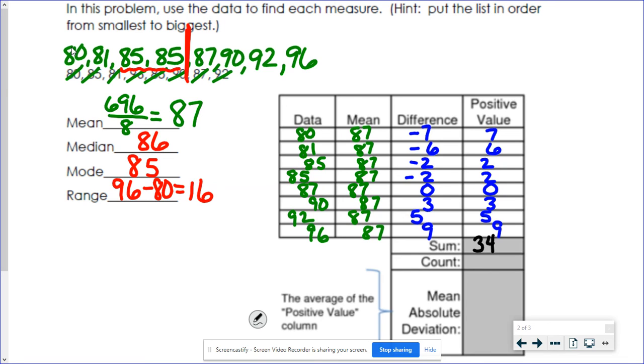The count is just how many numbers are there. There are 8 numbers. And this is, again, finding the average, the mean of this list. So we added them all up. We're going to divide by 8. I can almost make this look like a fraction kind of. I want 34 divided by 8. And when I do that, I get 4.25.